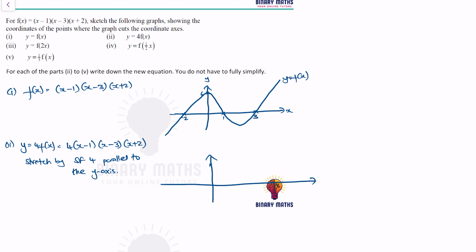The only difference is the y-intercept will multiply by 4. So 6 times 4 is 24. It doesn't matter that it's not drawn to scale or hasn't really become bigger. As long as you label it right, it's fine. So it's going to be a similar shape, the scales change.